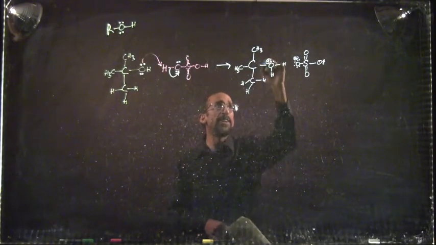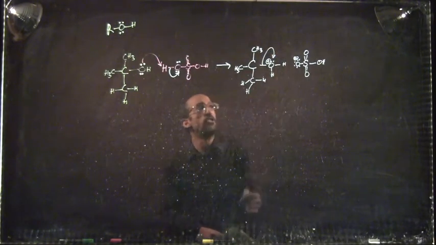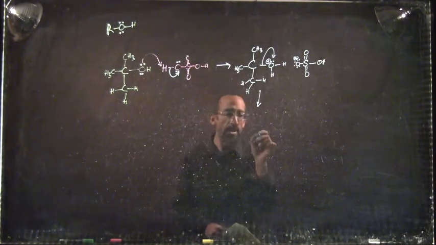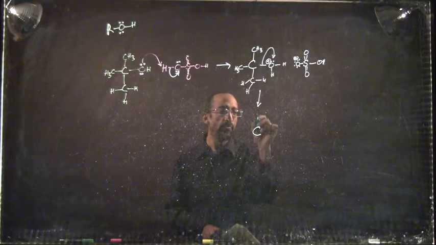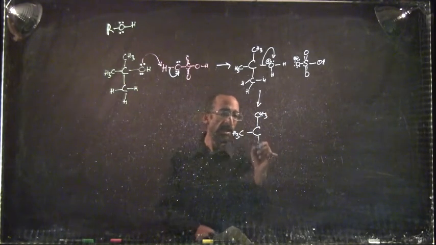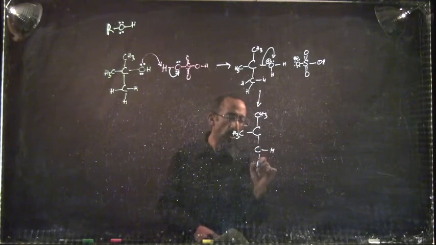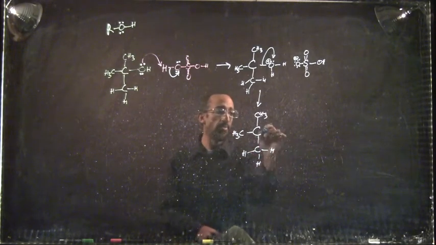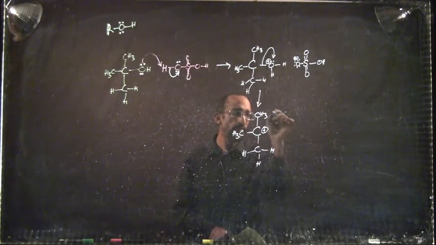So here now, in my second step, my leaving group falls off, and I generate my carbocation. Again, I'm going to draw out one of my methyl groups explicitly with its hydrogen atoms.